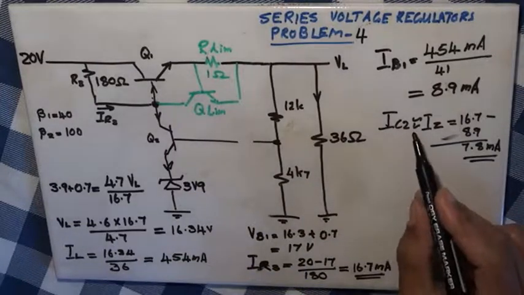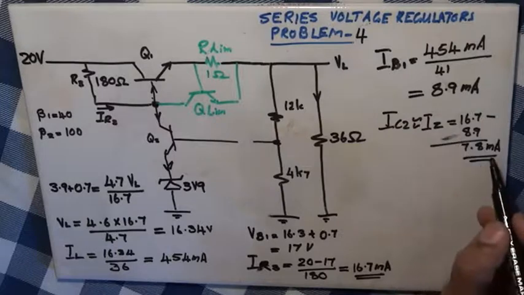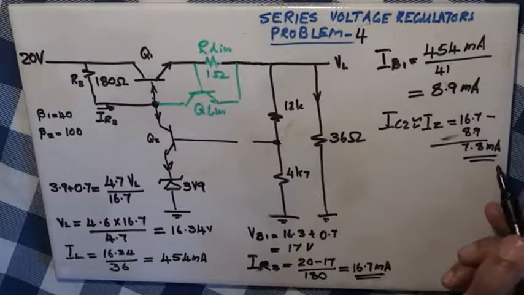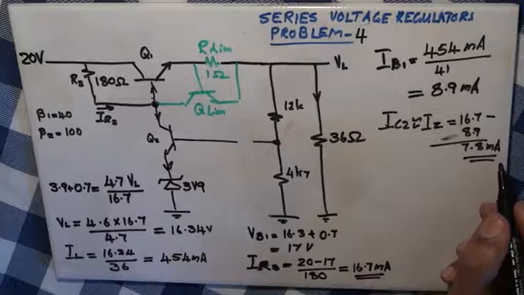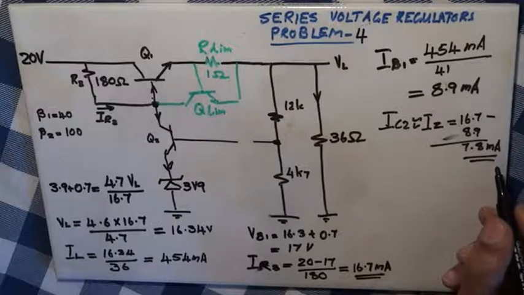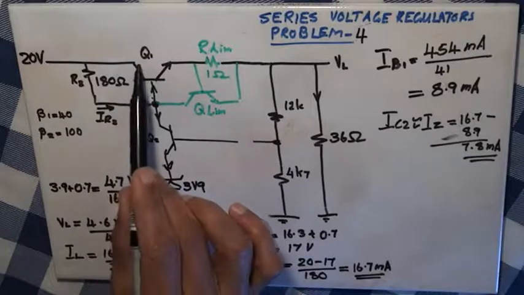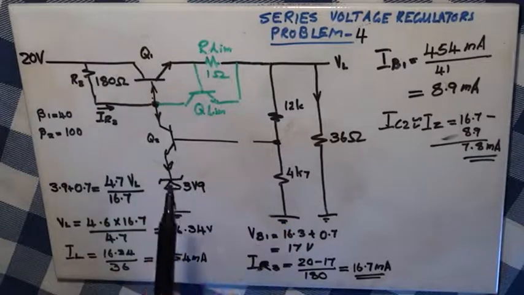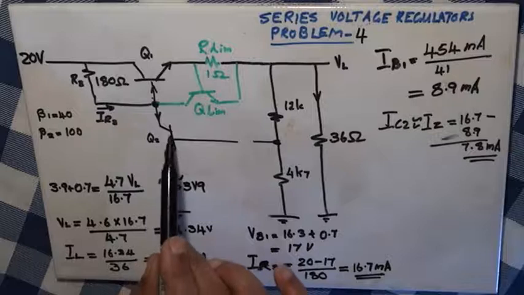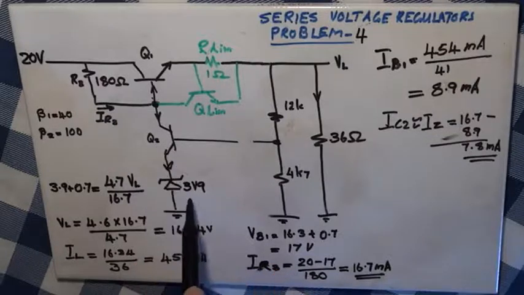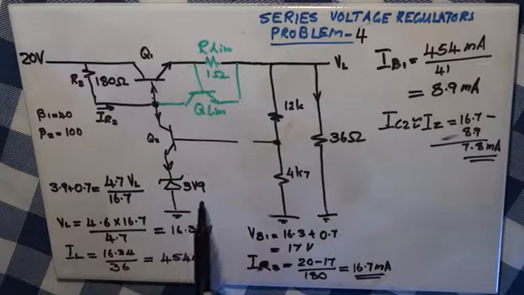We have IC2 nearly equal to IZ, which is 7.8 milliampere. We can find VCE1 and power consumed in Q1, VCE2 and power consumed in Q2, and power consumed in the Zener, as we have done in the previous problem, which we are going to leave for now.